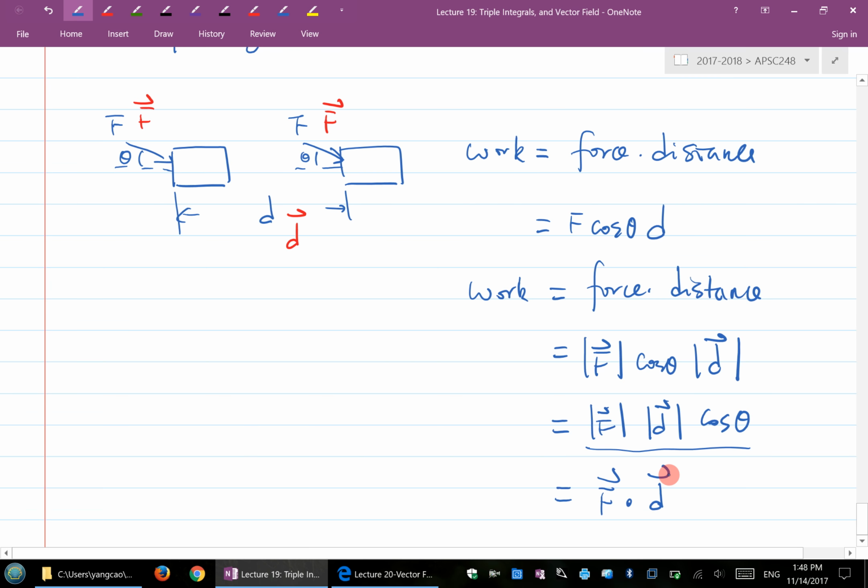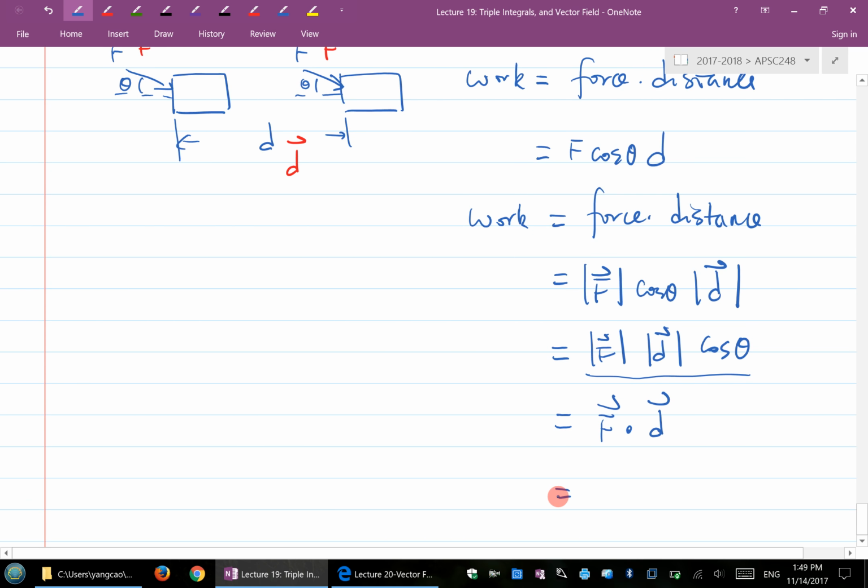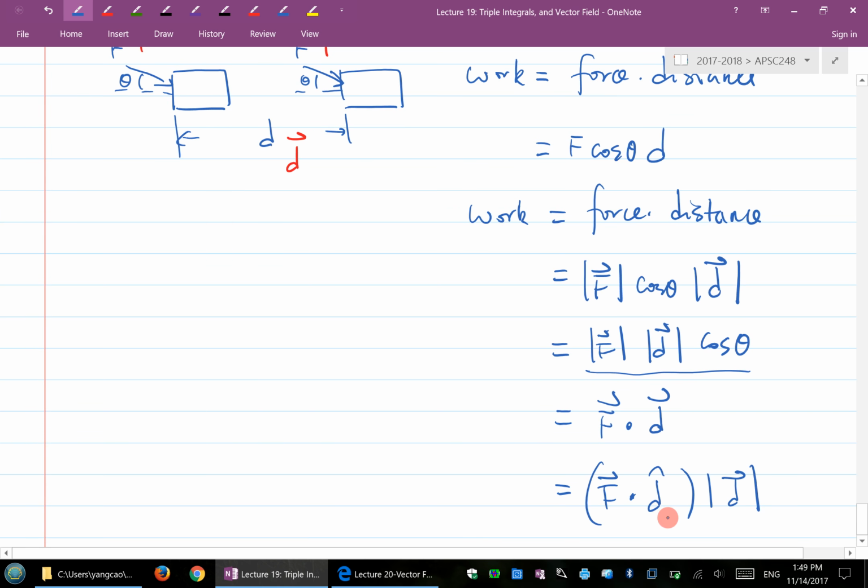And more so, F dot d is F dot d hat times the absolute value of d. A vector is always the direction times the distance. So d hat is the unit vector, the direction, times the distance. So you can use vector notation to describe the total work done for this thing here.